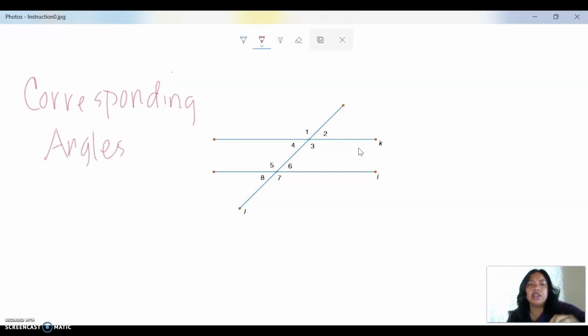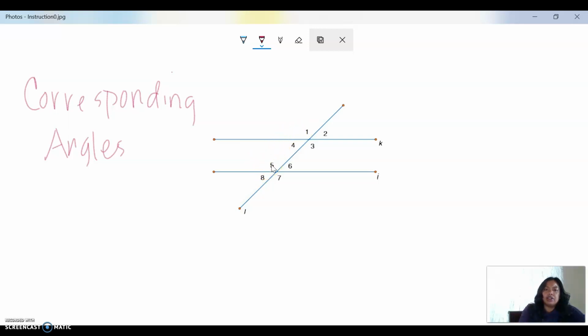Corresponding angles are angles that are in the exact same location, but on the other parallel line. For example, angle number 1 is on the top left-hand corner of the first line. Its corresponding angle is number 5. This number 5 is on the top left-hand corner of the second parallel line. We call those corresponding angles.